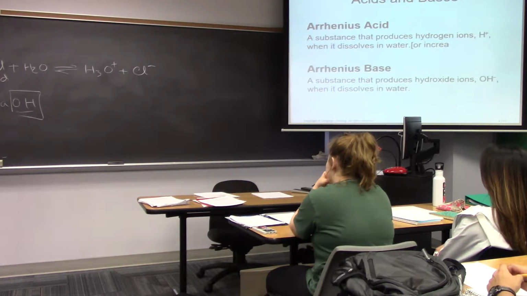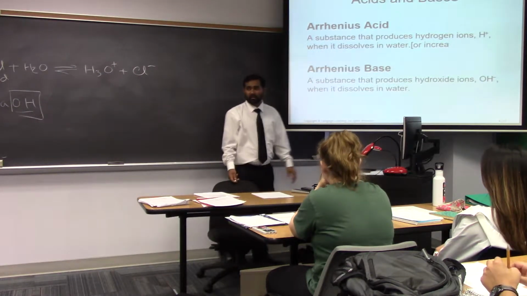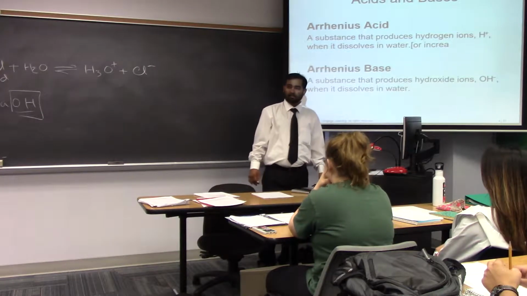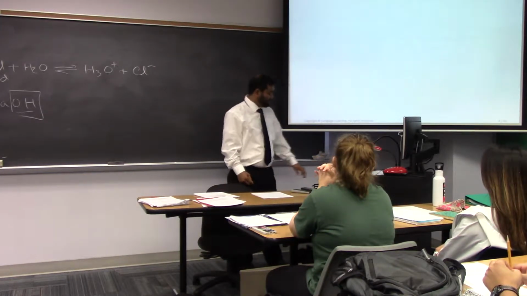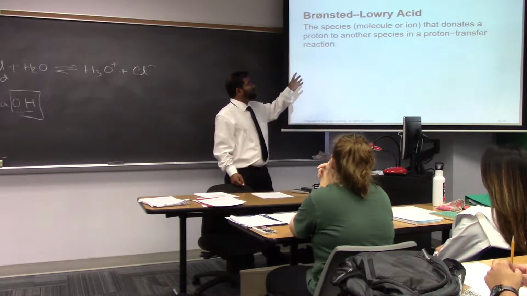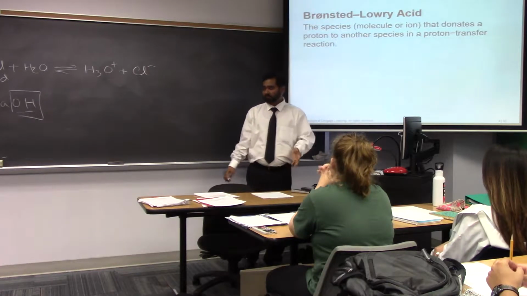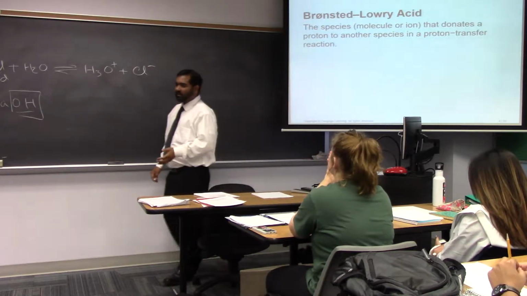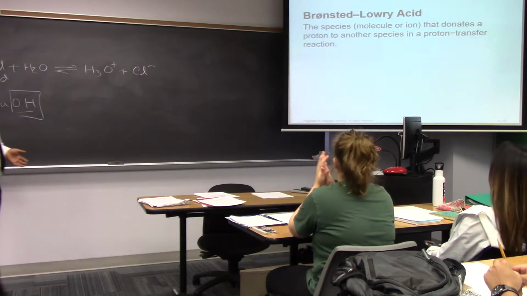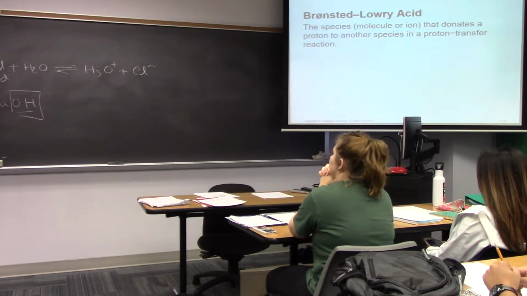So this definition, even though it was the very first discovery, is a little bit limited. The second definition is Bronsted-Lowry, which explains acid better. The Bronsted definition is any compound that donates H plus as a proton.